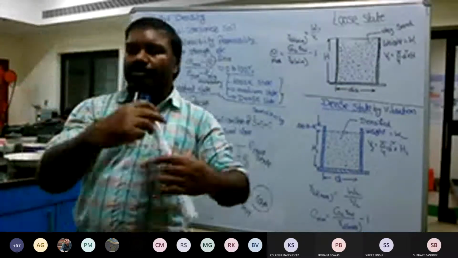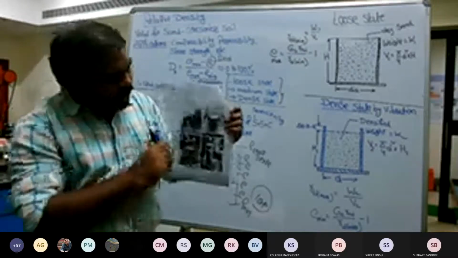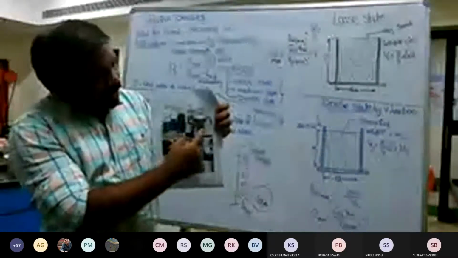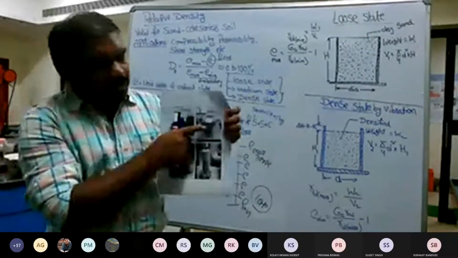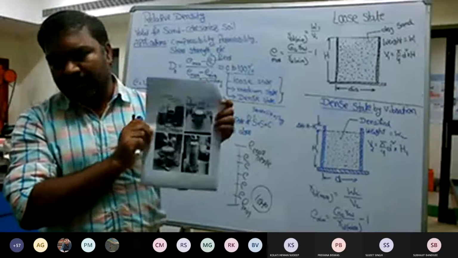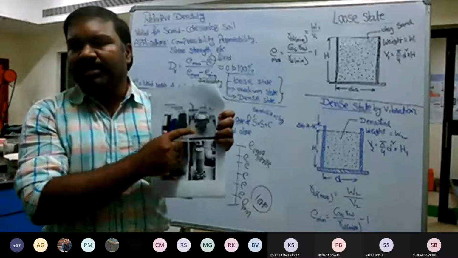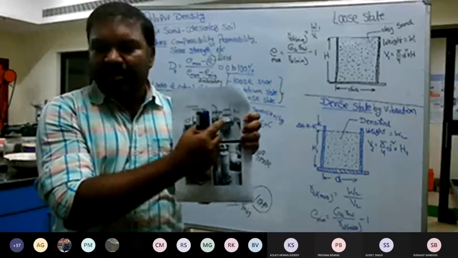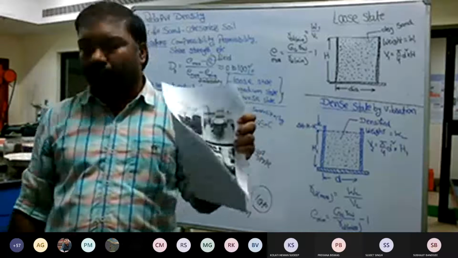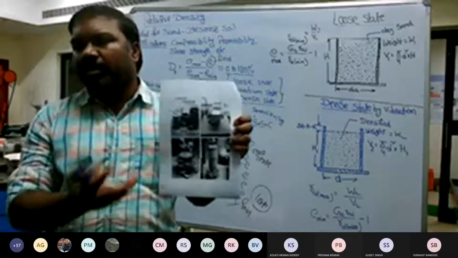Now try to open your handouts. So here you can see on your right side top picture, this is the mold with the sand. Now suppose if I directly put this mold with the sand on the vibrating platform, there is a possibility that this sand will simply get spilled out because of the vibration energy.